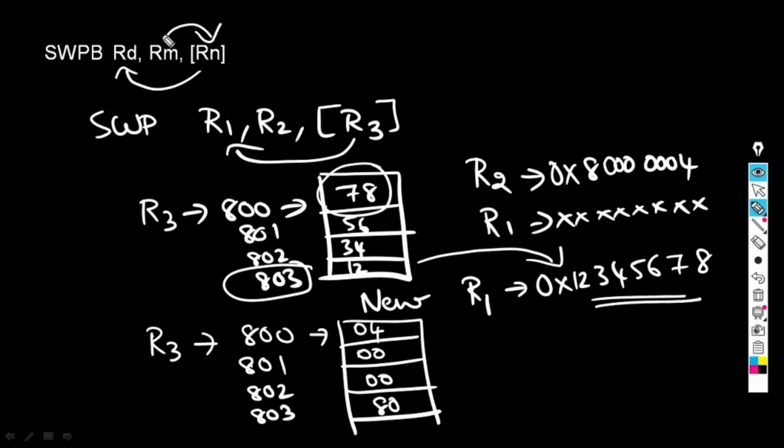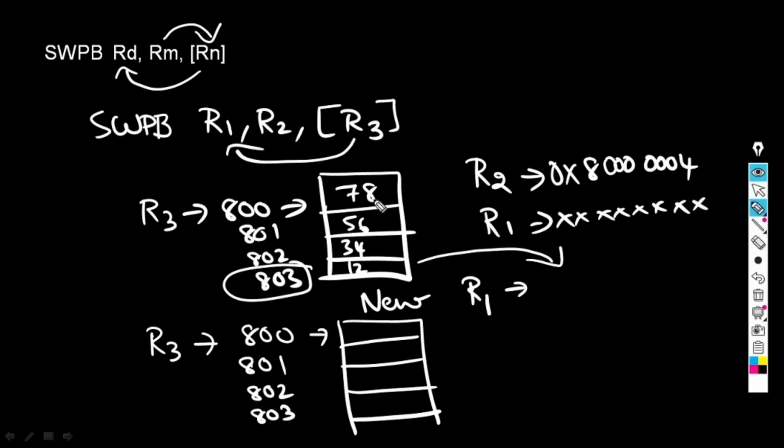Whatever content is in register RM gets stored in the memory location pointed to by RN. Whatever address is pointed to by register RN, that memory content is now loaded to register RD. If I perform swap B, that is swapping a byte, for the same registers, what exactly should happen? The concept here is that only a byte of data is transferred.